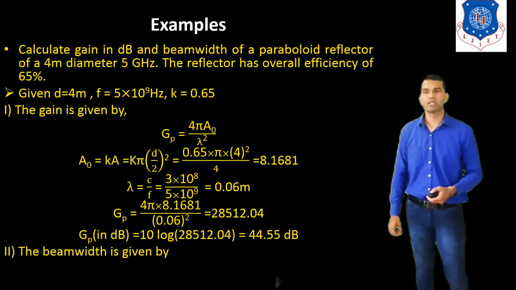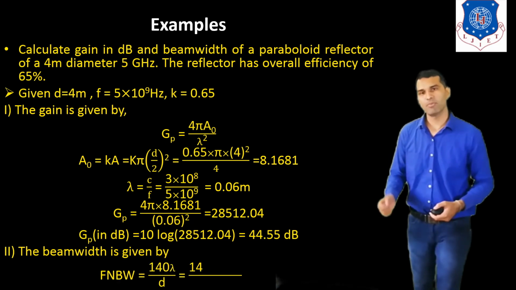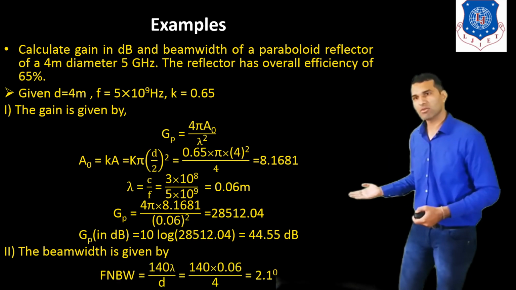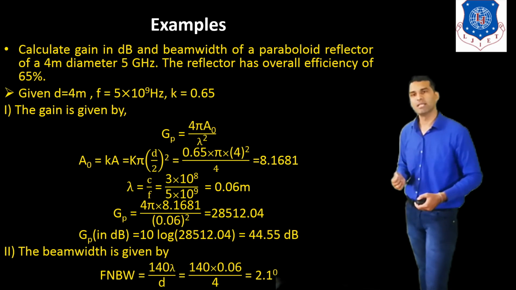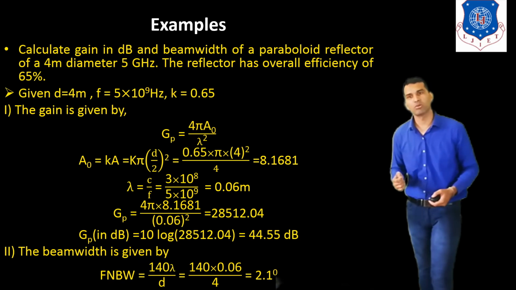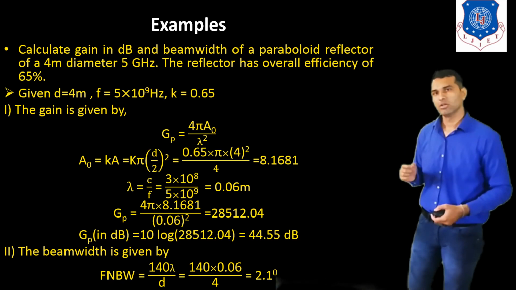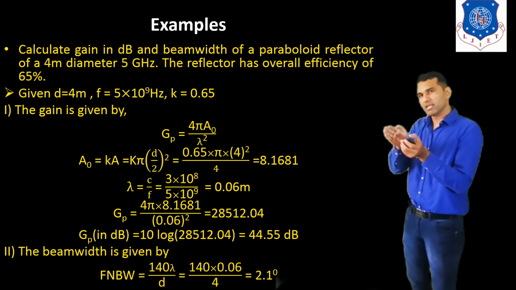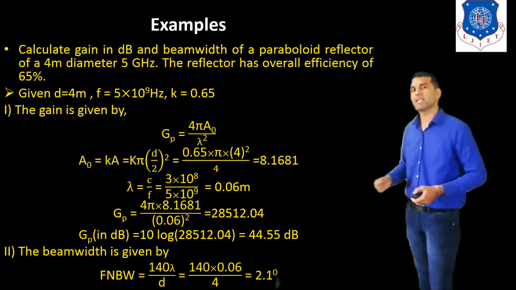Now the beam width is given by FNBW. We can calculate it using the equation 140 lambda by D, and we have the lambda value 0.06. So we get the FNBW equal to 2.1 degree. So here the beam width is very narrow. That's why it is known as a pencil beam antenna.